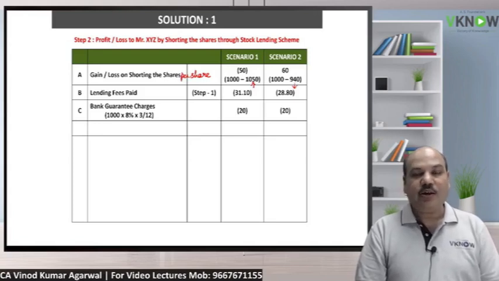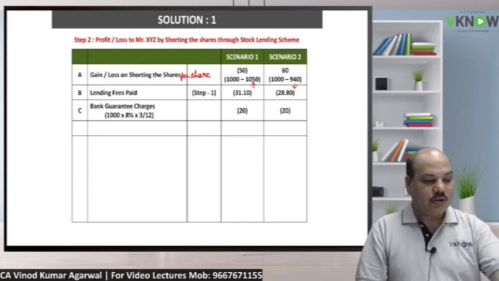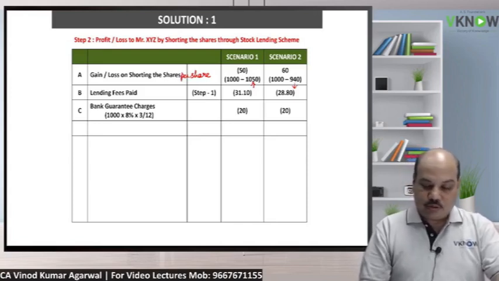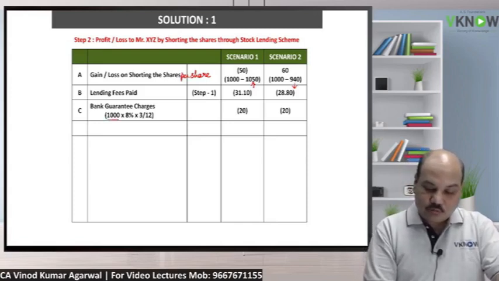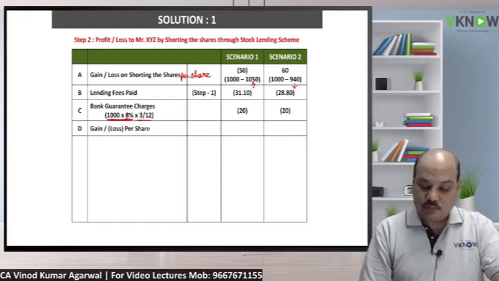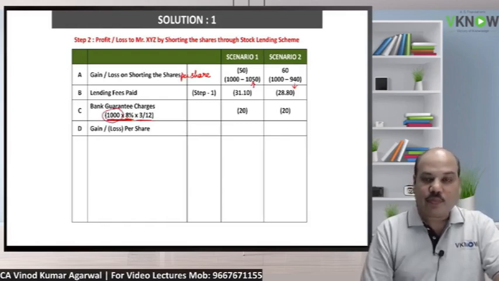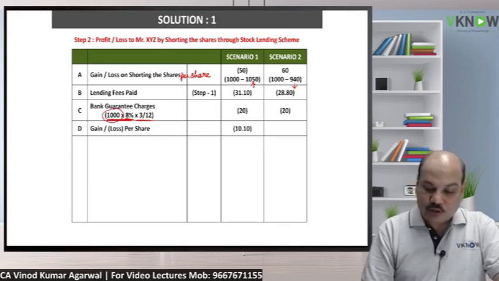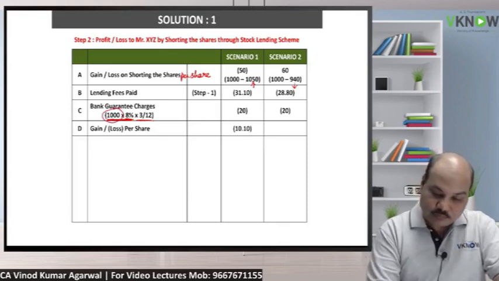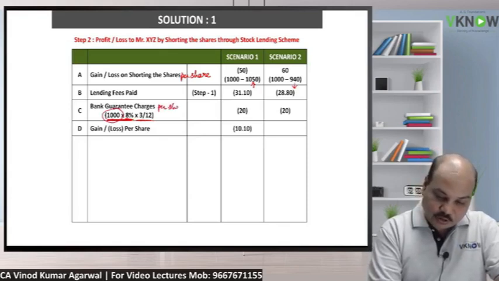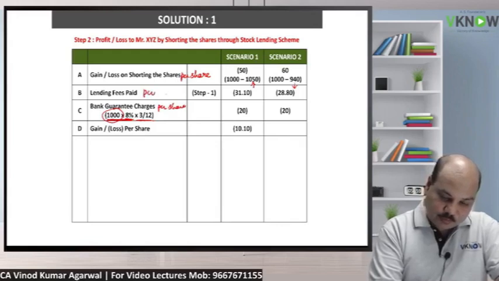Then bank guarantee charges, it is based on price at the beginning at the rate of 8% for 3 months. So 20 and 20 rupees. This is based on 1000 rupees. So all these calculations are per share.